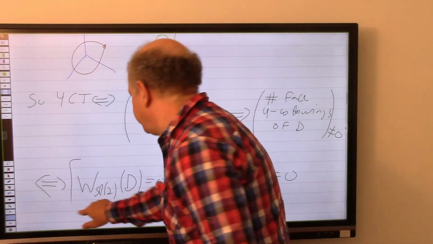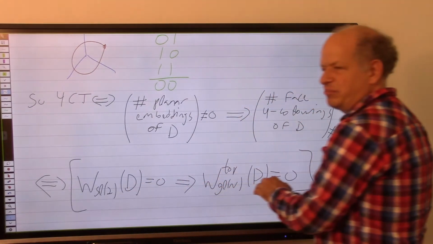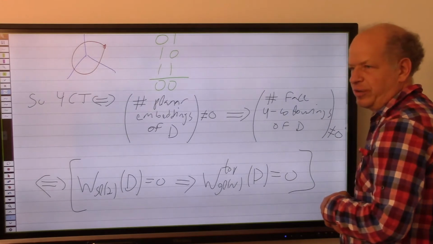So here you go. This statement about Lie algebras and diagrams is equivalent to the 4-color theorem.